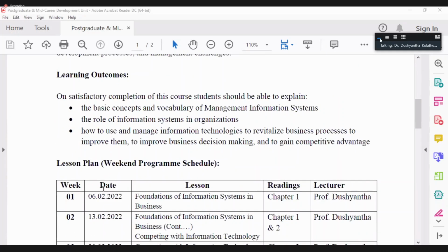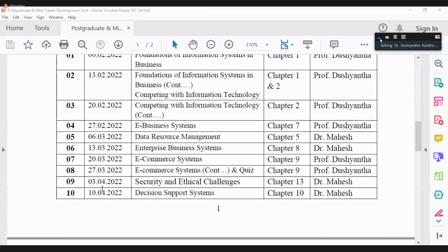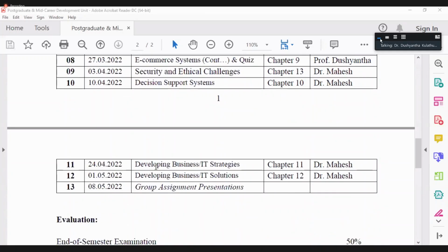So we have given a week plan here. There are 13 weeks in your term, and so one week is allocated for group assignment presentations.